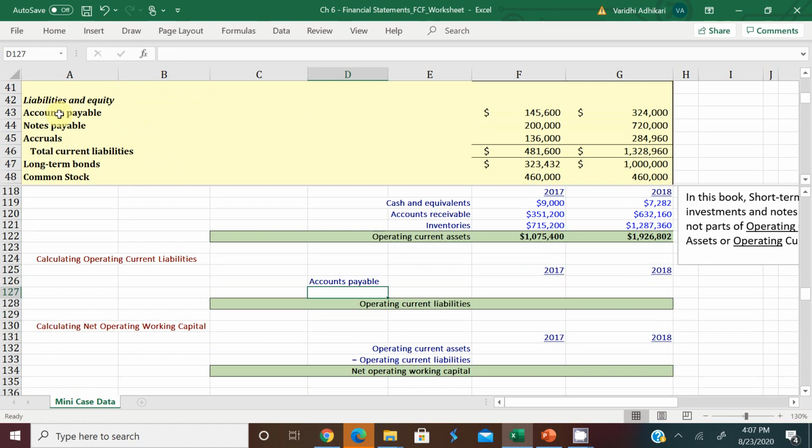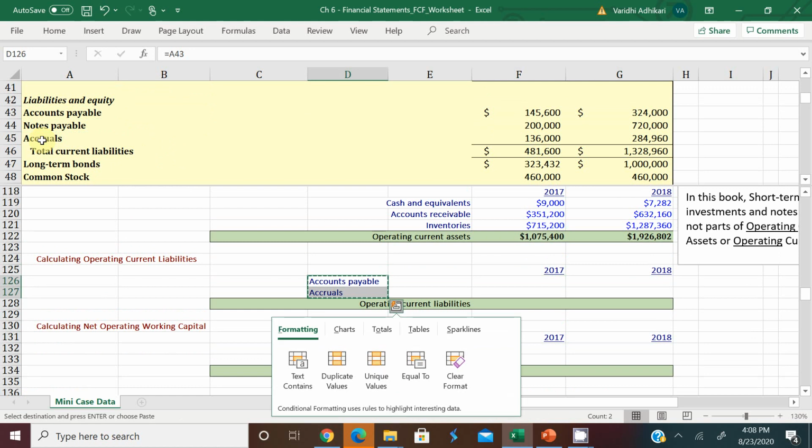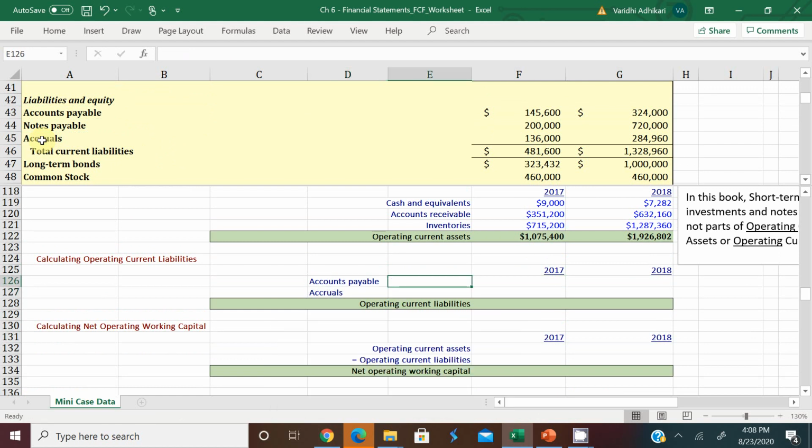We don't want notes payable because that's a financing activity, not an operating current liability. And accruals. I think those were the two things. Let me move it here. Okay, so in 2017, accounts payable were that much, and accruals were that much.